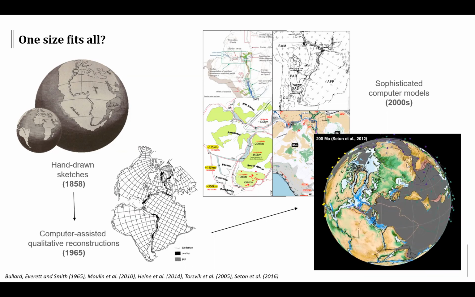To bring that home, going back to the Atlantic, if you're interested in, say, mapping the continent-ocean boundary along South America and Africa, ideally you should do that from a plate model that does not use interpretations of that feature as an input. Because if you use one of these models here, as a starting point, one of the things they use is where they think the continent stops and the ocean begins.